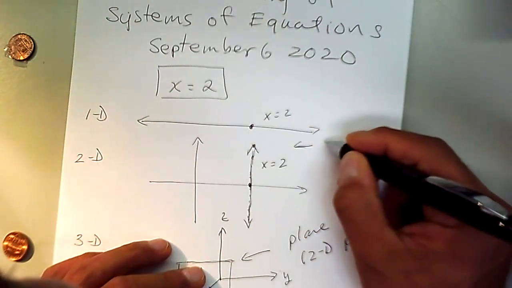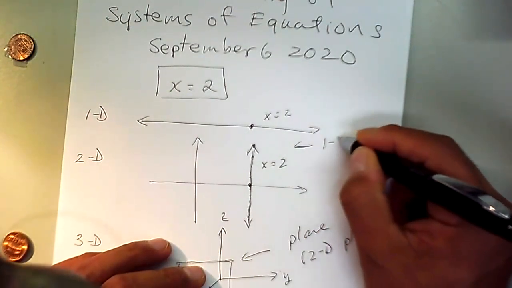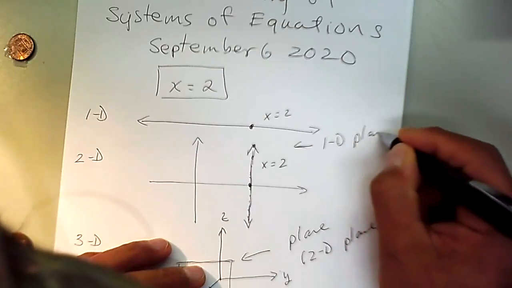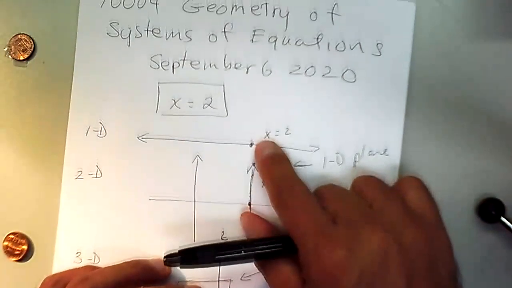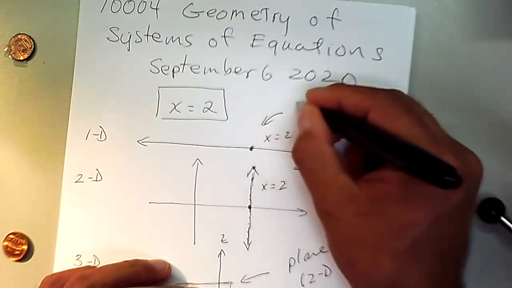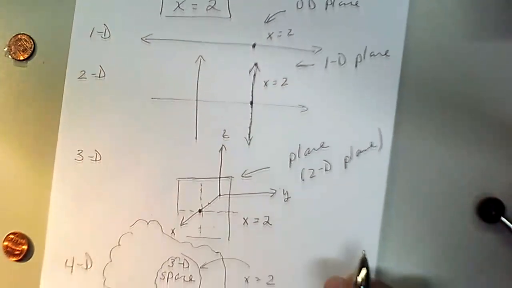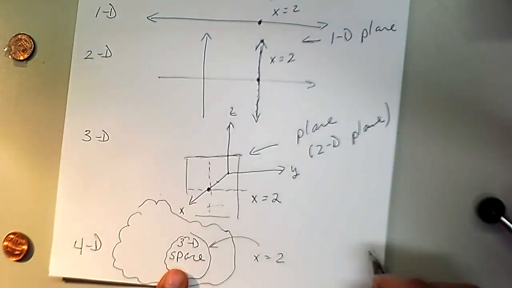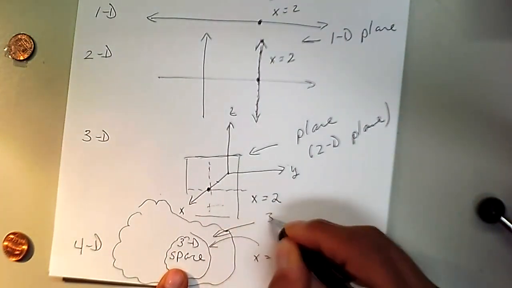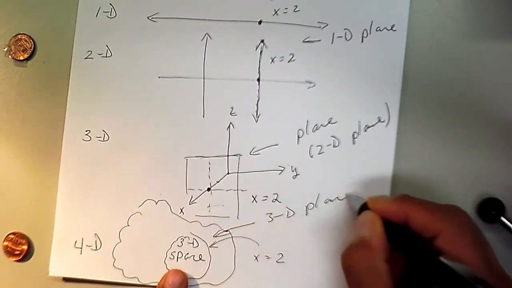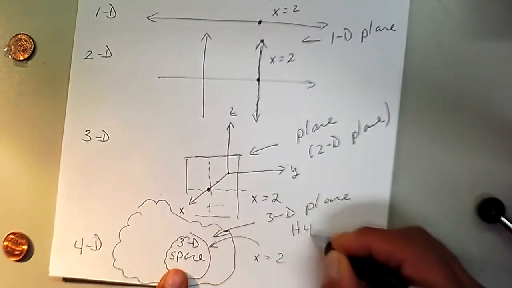That's where we're going into. So 1D plane. So there it is. So that would be a 0-dimensional plane, 0D plane, which is kind of weird. And this one is called a 3-dimensional plane, 3D plane, or a hyperplane.